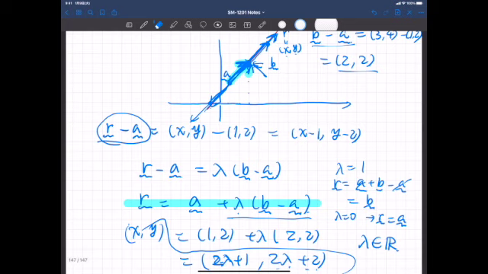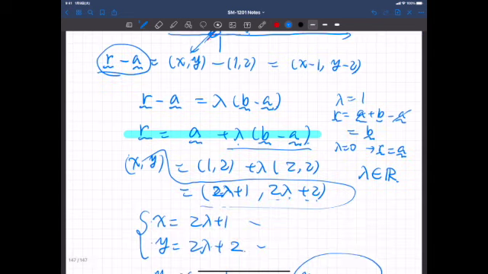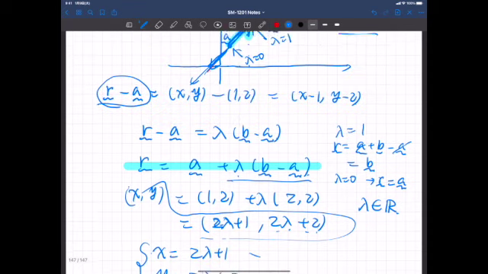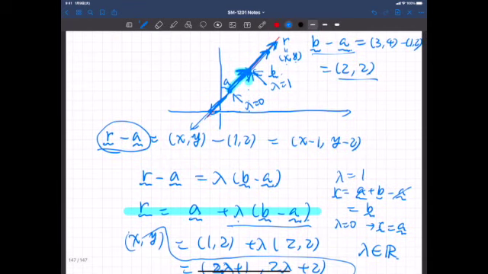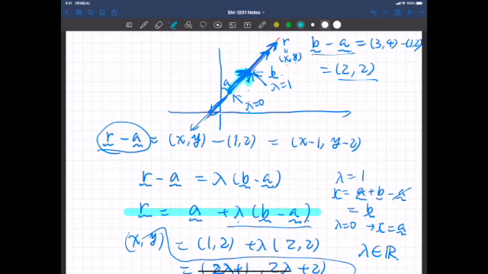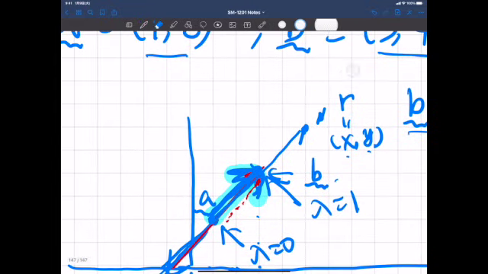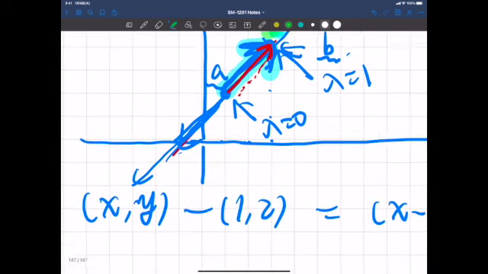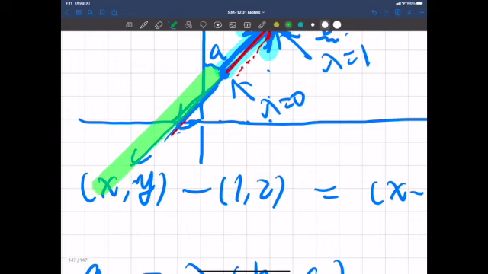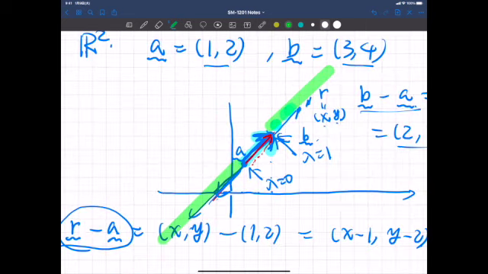So lambda 0 corresponds to the point A, and lambda 1 corresponds to point B. If lambda is between 0 and 1, that will be somewhere between A and B, somewhere here. If lambda is greater than 1, it's beyond B, somewhere in this region. If lambda is negative, then it's somewhere here.